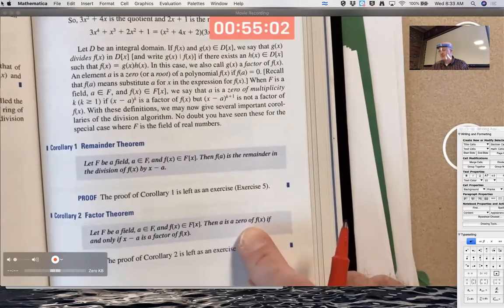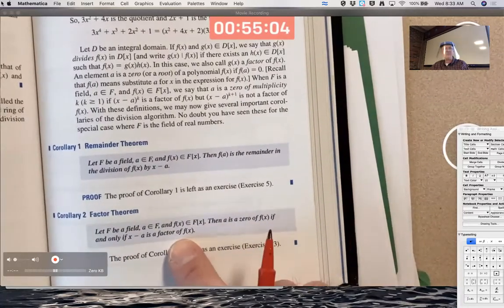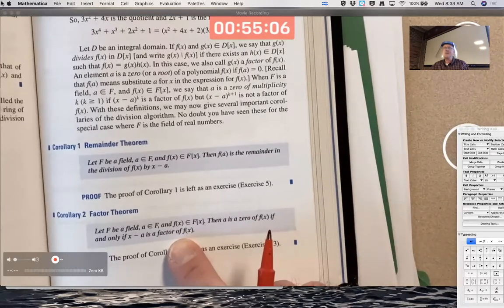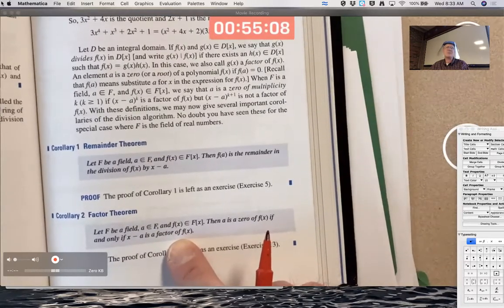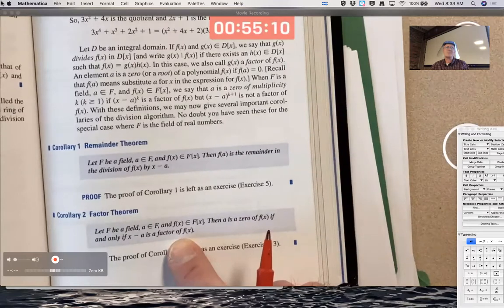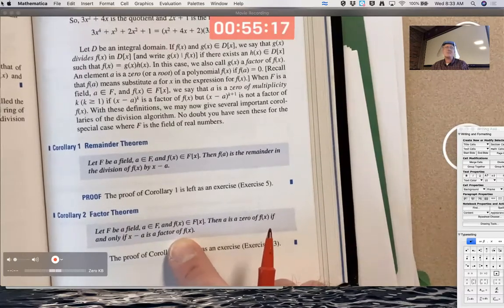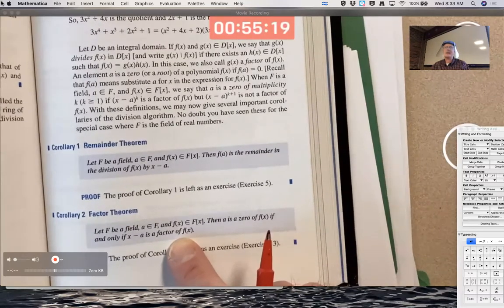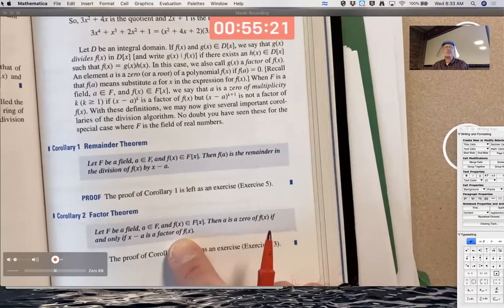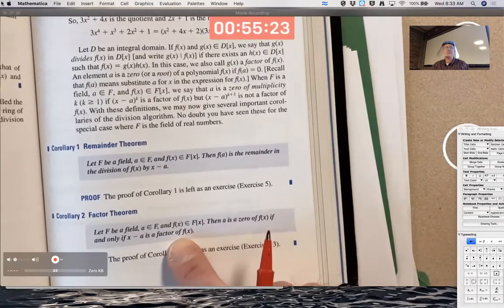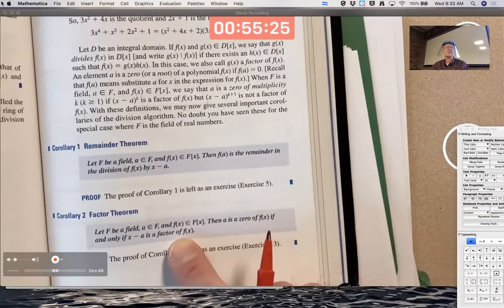If a is a 0 of f of x, then x minus a will be a factor of f of x. I mean, that's stuff you actually already knew from 9th, 10th, 11th grade, whatever, about factoring. You weren't thinking about field theory when you did that. You were thinking just about factoring polynomials when you first learned about factoring polynomials.